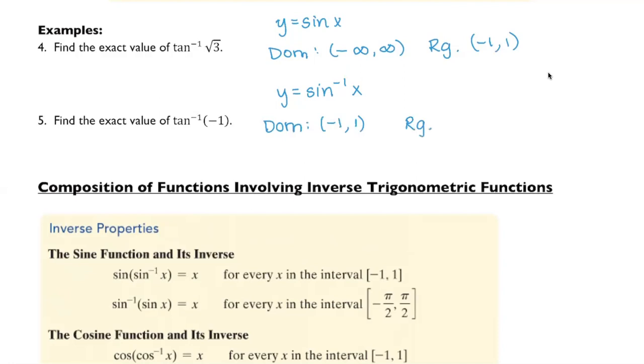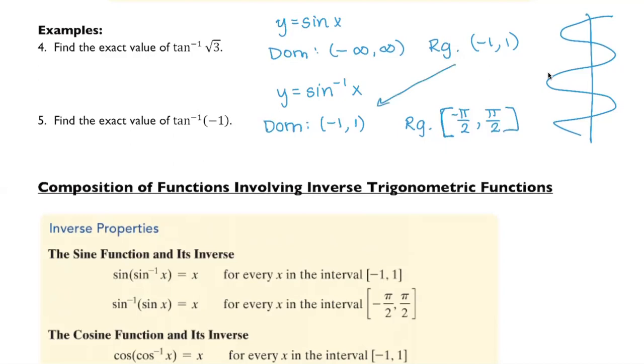We can't go forever up and down the y-axis because then we fail to have a function here. So instead, we restrict the range to be from, and it's inclusive, -π/2 to +π/2. Okay, so this is a direct switch. We have to restrict that so that we still have a function.